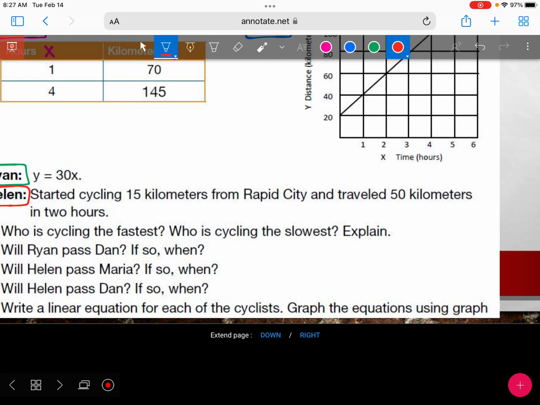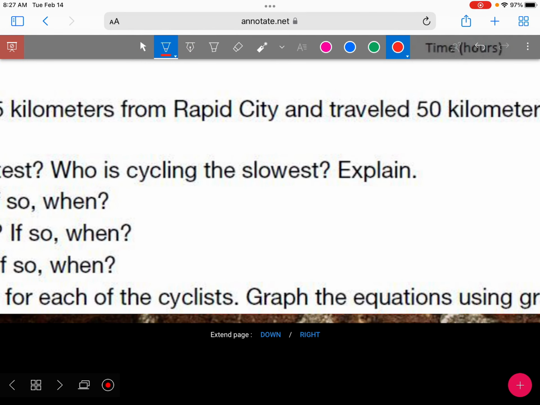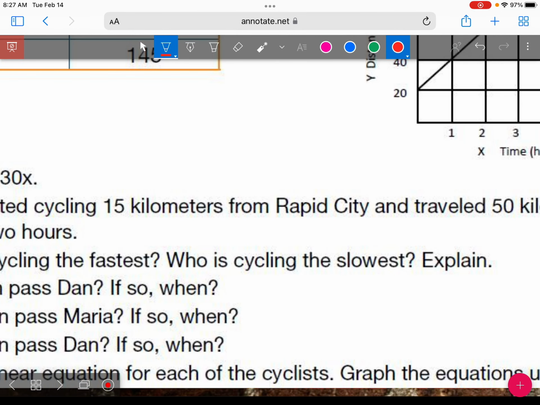So what's her y-intercept? 15. So I know I can have y equals 15. What is her slope? Do we know? No. But we can find her slope.